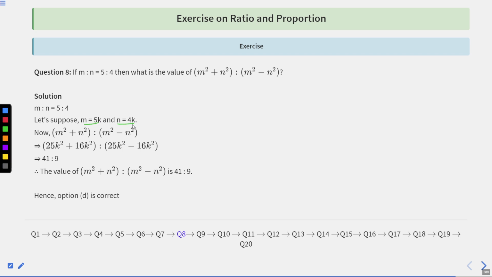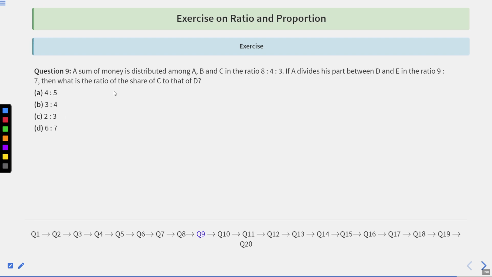We can simply substitute 5k and 4k in the ratio we want. So it will be 25k squared plus 16k squared is to 25k squared minus 16k squared. So it will be 41 is to 9. Therefore, the required value of the ratio is 41 is to 9, and the correct option here is option D.